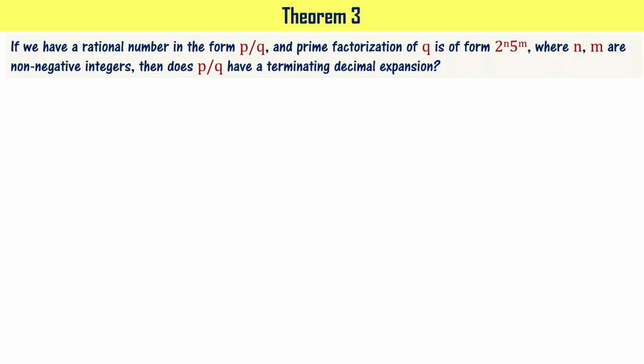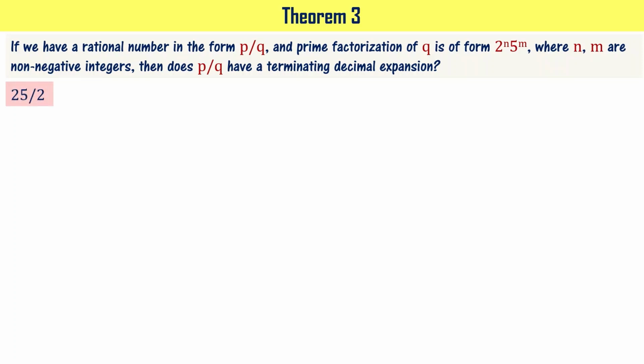The question we have is, I have a rational number p by q, and the prime factorization of q is in the form of 2 power n times 5 power m. Then can I say that p by q is going to have a terminating decimal expansion or not? That is the question. Let's understand that now.